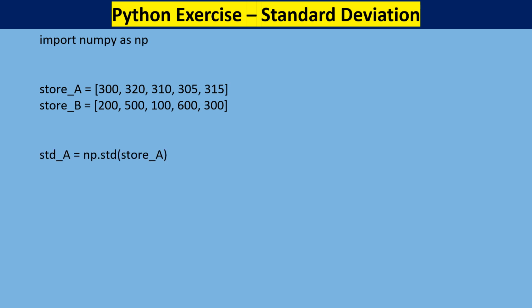Compute the standard deviation for store A, which measures how much the sales deviate from the average. Since store A's sales are close to each other, we expect a low standard deviation.